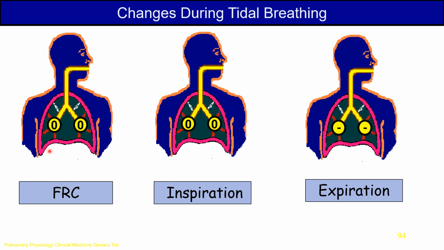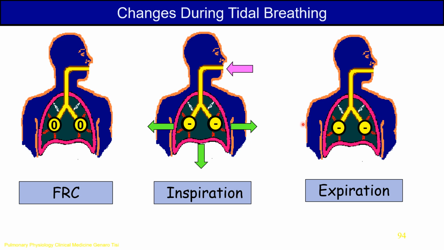At FRC, the alveolar pressure is 0 relative to the atmosphere, and therefore there is no flow of air. During inspiration, the brain is going to command the chest wall to expand. Expansion of the chest wall is going to make the alveolar pressure negative relative to the atmosphere. Since air moves from greater pressure to lesser pressure, air will move in. During expiration, the brain is going to command the inspiratory muscle to relax.